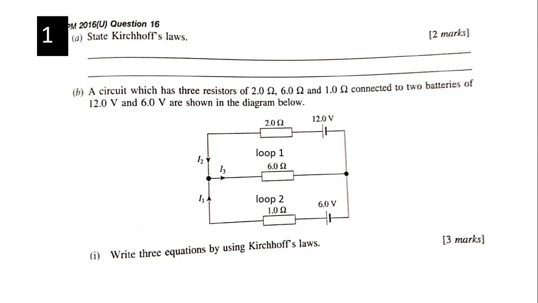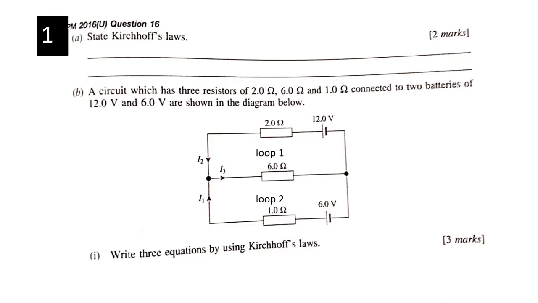Kirchhoff's first law is the algebraic sum of the currents entering a point in the circuit is 0. Okay, that's the sum of current into a junction is 0. Second law?